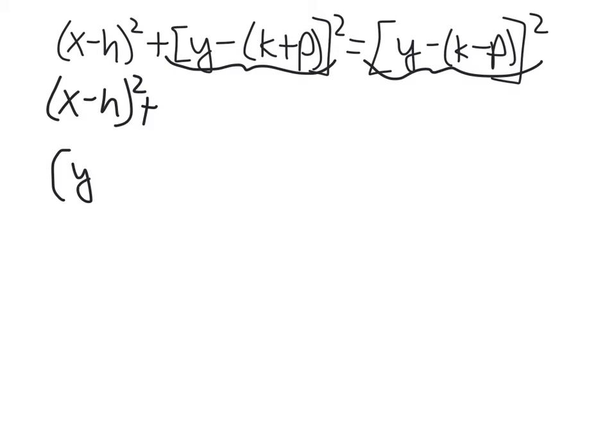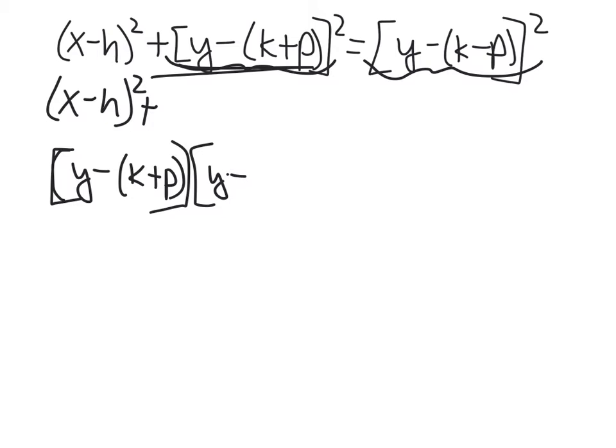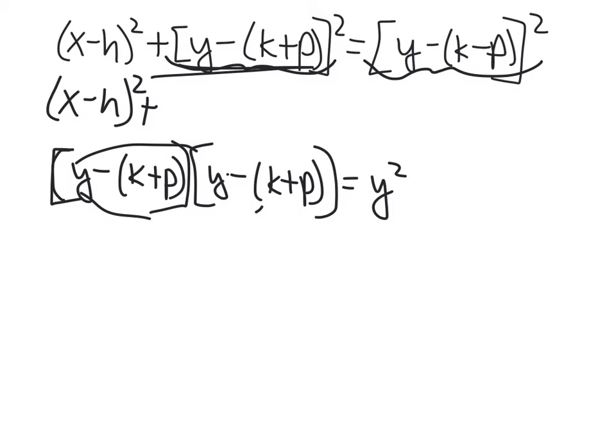We'll start with this one, y minus the quantity of k plus p. I guess keep that as a bracket, and that factor squared. Well, we don't need the square on there anymore. Multiplying this out, we'll have y squared. Now here is where it gets a little more interesting.